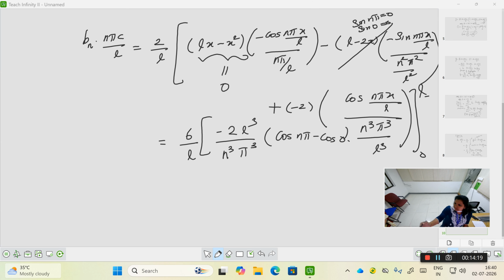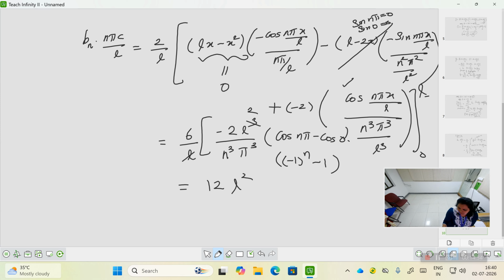So now if you look here, you are having 6 by L, this term will be there. So bring the term to the numerator, it becomes like this. As you know, cos n pi is minus 1 to the n. You change the sign to the other side. So you get 12, L square will get cancelled, L square by n cube pi cube, 1 minus minus 1 to the power n.